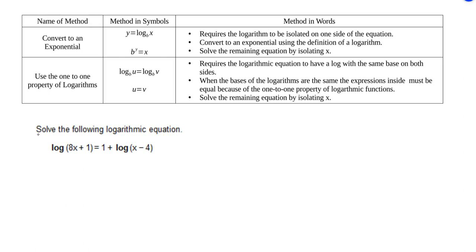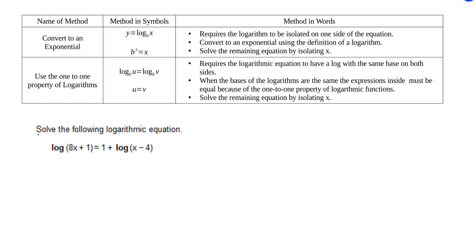For this example, I can see I have log of 8x plus 1 equals 1 plus log of x minus 4. I do have log, and no base is specified, so that means this is base 10 on both the left and the right side, but because of this plus 1 here, I'm not going to be able to use that one-to-one property or property of equality.